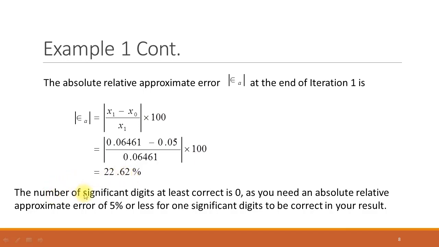Now dear students, the number of significant digits at least correct is 0, as you need an absolute relative approximate error of 5% or less for one significant digit to be correct in your result.